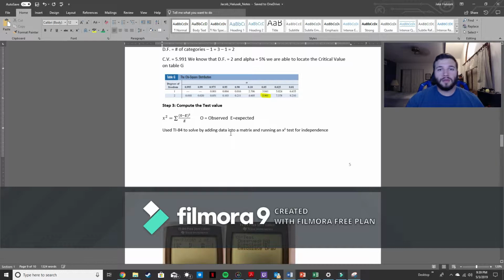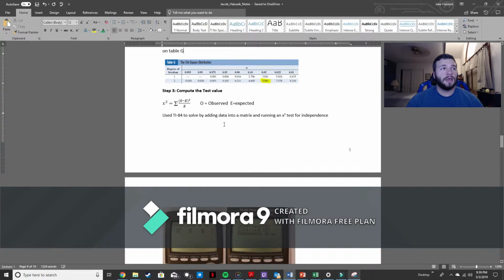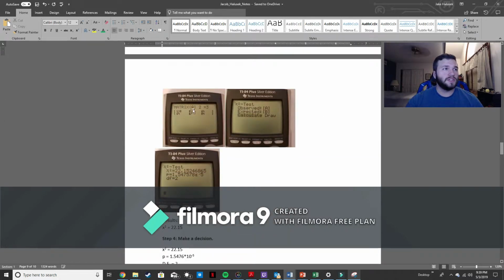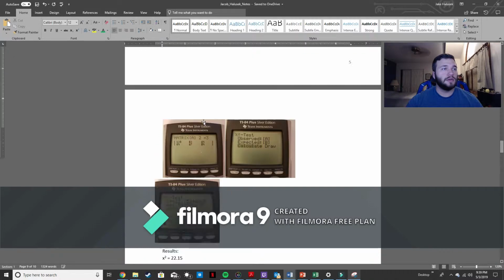I found a way through the book and online where you can use your TI-84 graphing calculator to solve this. You add all the data into a matrix and run a chi-square test for independence in it. So here you can see I have my 2x3 matrix set up. I plugged in all the data right here.